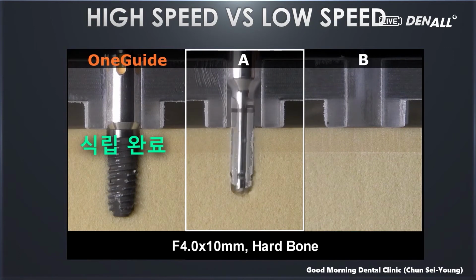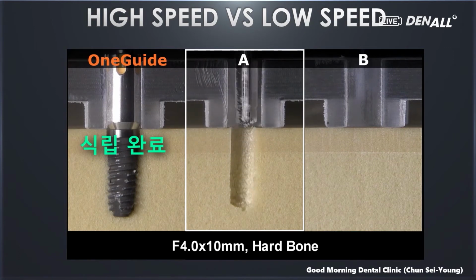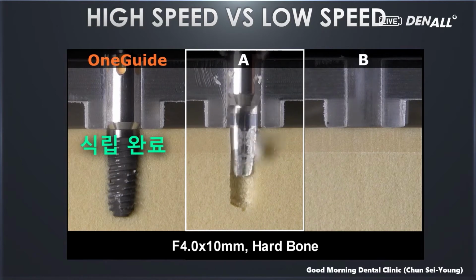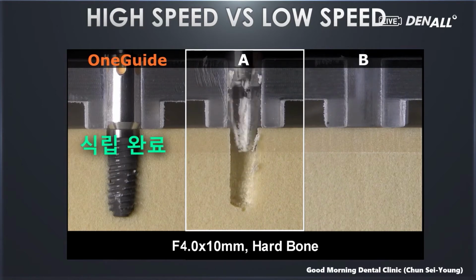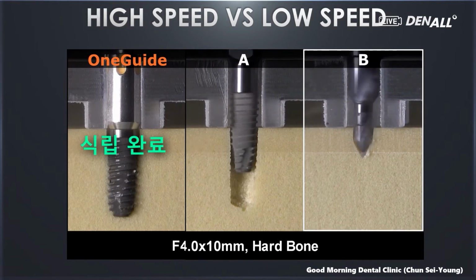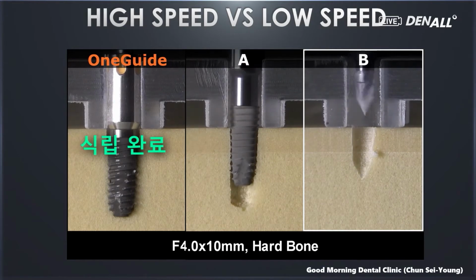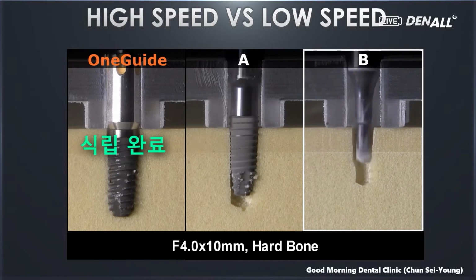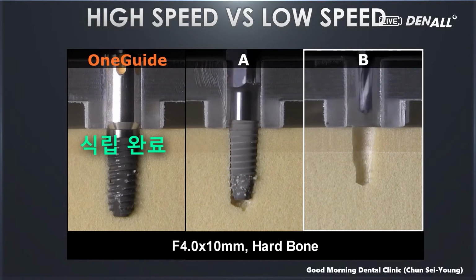So, if you use low-speed drilling, the gap between the barrel and the sleeve can be minimized, enabling more precise drilling. That is the advantage. In this case, high-speed drilling, just like one guide drilling when we do not use a sleeve, the same problem occurs.